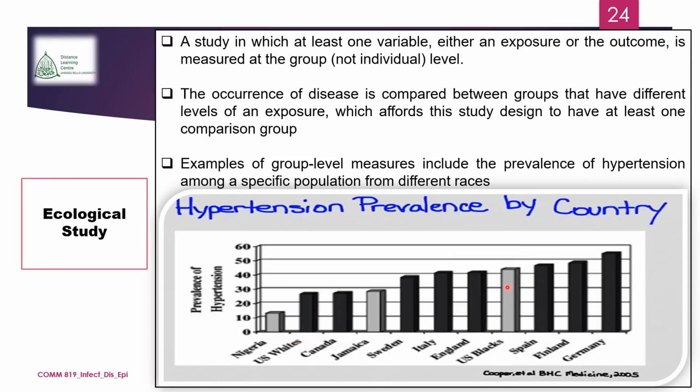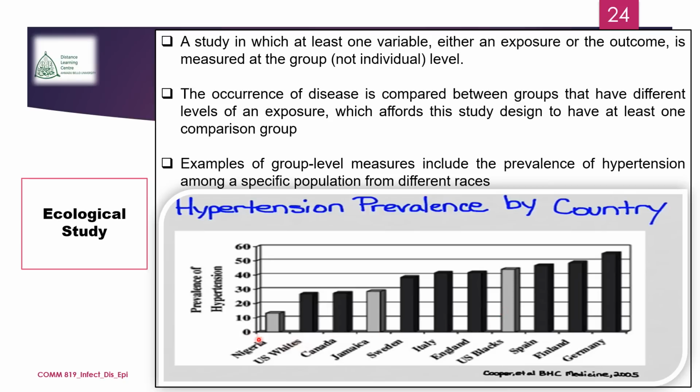In order to test whether the hypothesis was actually right, because they based it on it probably being due to a genetic factor, they observed that hypertension is always higher in US black.